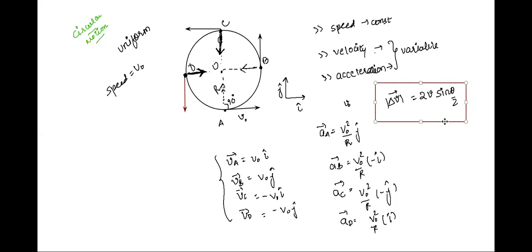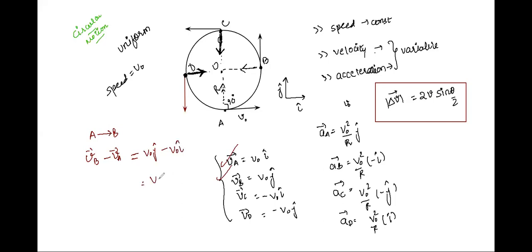The velocity is changing, right? Now let's prove this formula. Let's find the change in velocity as the particle goes from A to B: velocity at B minus velocity at A. Velocity of B is V naught J cap minus V naught I cap.